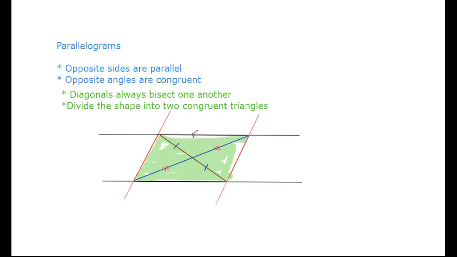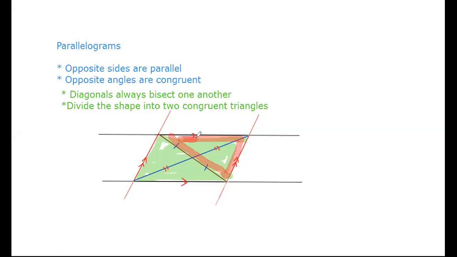Remember, these are parallelograms. These lines are parallel to one another, the one that has the matching marking. Anytime you have opposite sides parallel, you have a parallelogram, and that means opposite angles are congruent. So a diagonal will always bisect each other or cut each other exactly in half, and it also always cuts the parallelogram into 2 identical triangles.